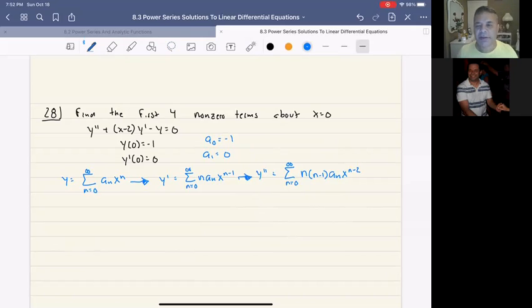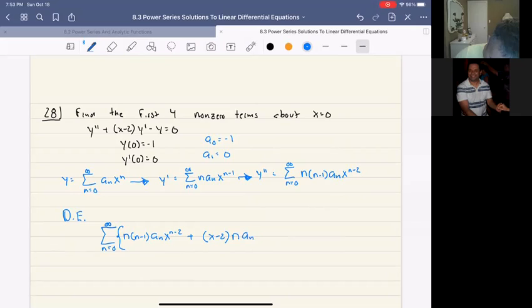And now we're going to put it into the differential equation. Okay, so the DE is going to be the sum, n goes from 0 to infinity, n times n minus 1, a sub n, x to the n minus 2, plus (x minus 2) times y prime.